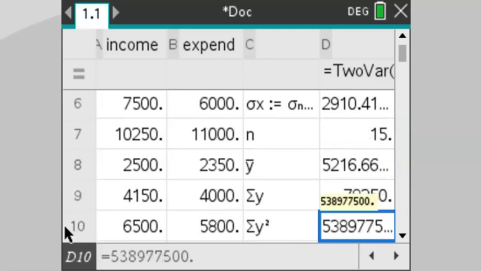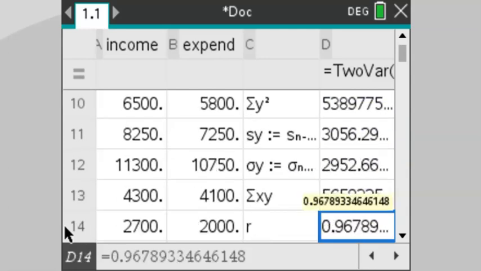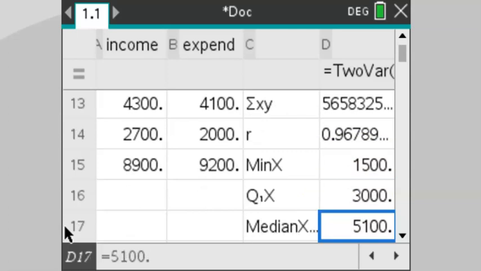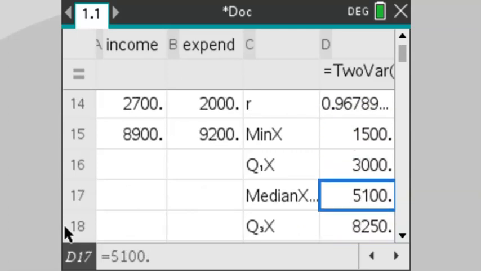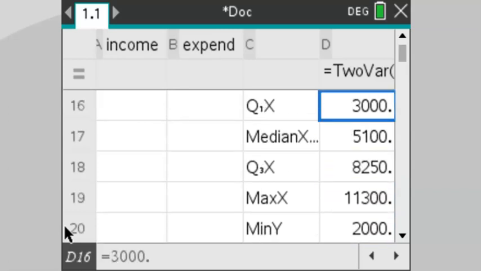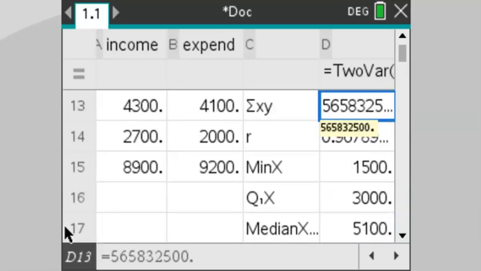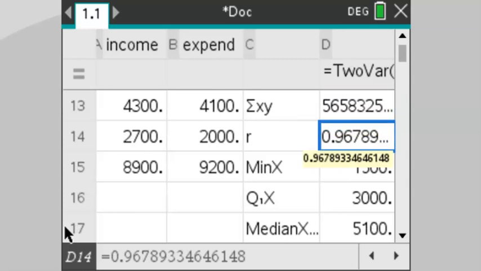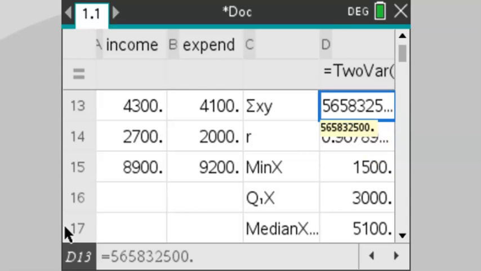If I keep scrolling down, I get my mean for my Y list, and I also then get my 5-number summary, so my median for my X list for the income, which we need, and if I wanted it, my median for my Y. So it gives me all of that in one go. The other thing it gives me is the R value here. So we're able to get the answer for part 2C that we need later on. So we can do it that way, or as I said, going through and calculating each individual part.